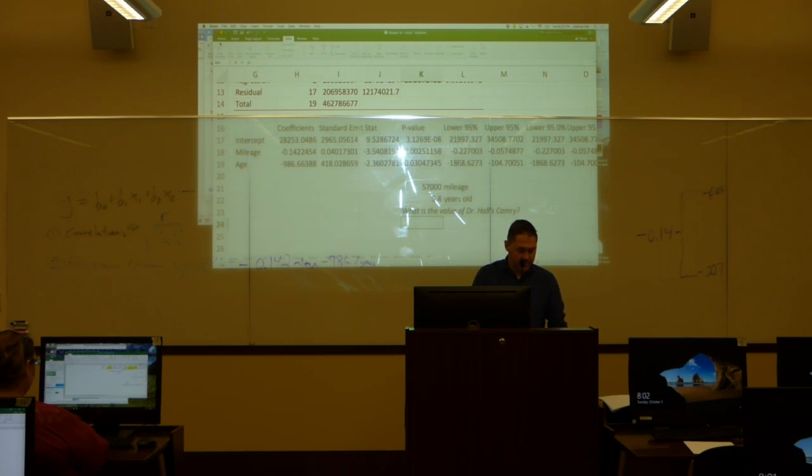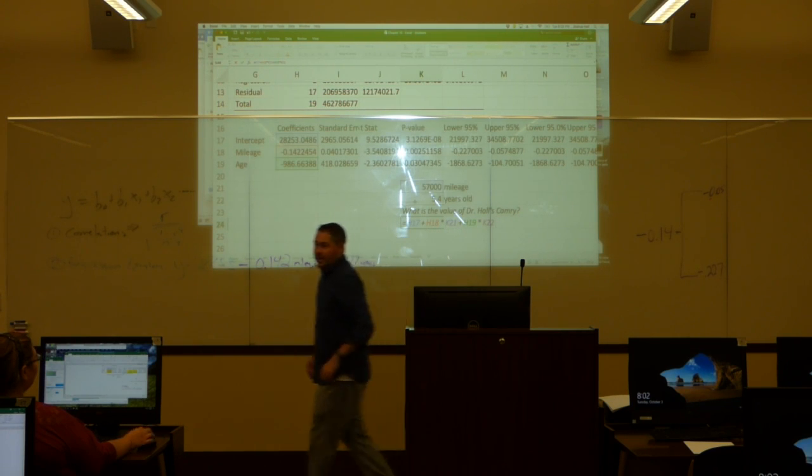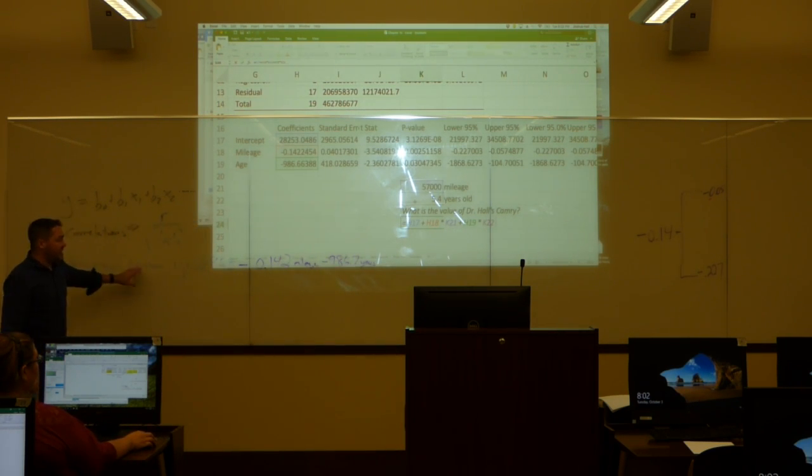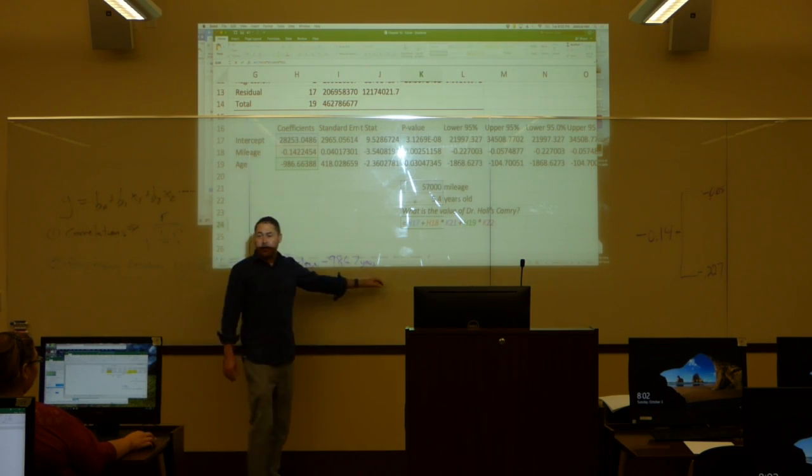It is equal to the regression equation: 28,253 minus mileage, but this is always going to be plus because the negative's already there, so plus the coefficient on mileage times how many miles my Camry has, plus the coefficient on age times how old my car is, 5.4. Notice I just used my regression equation and plugged in my mileage and my age.